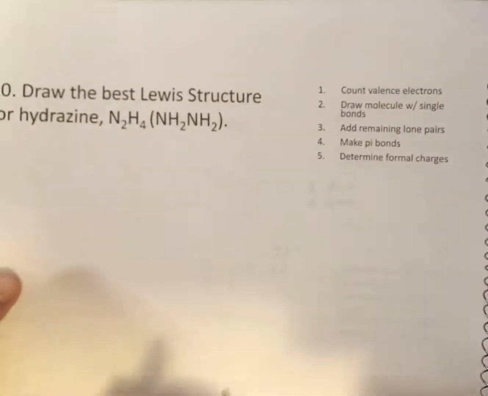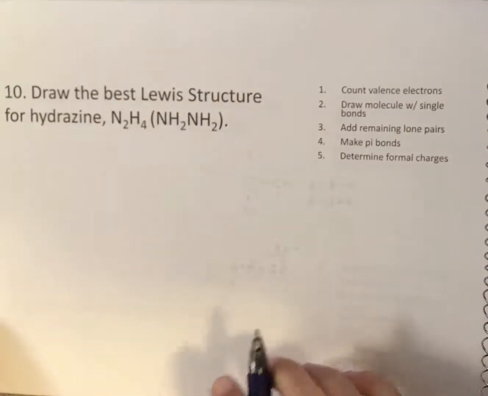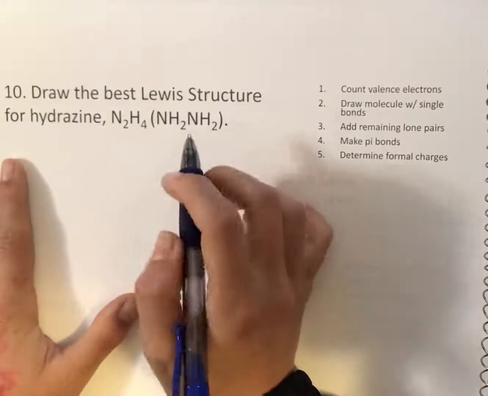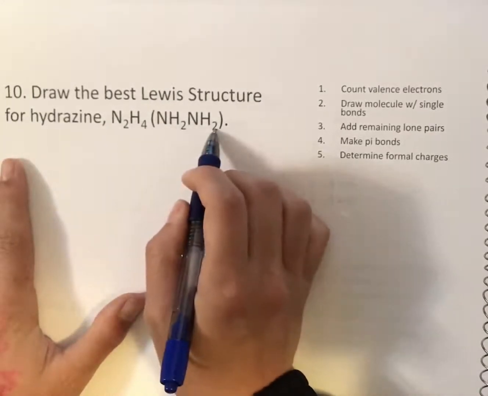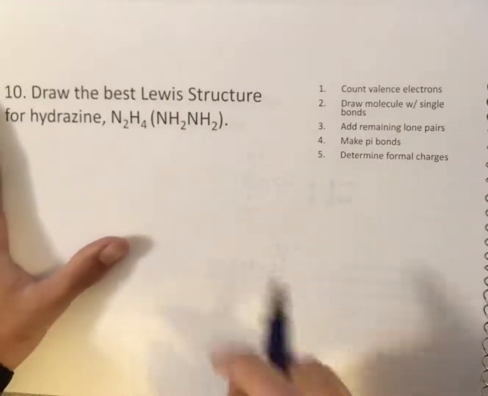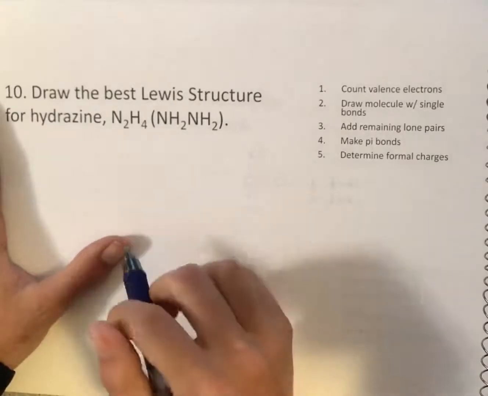Okay, one more: draw the best Lewis structure for hydrazine. For this one, they help you out because they draw NH2, NH2, splitting up the molecule to give you a hint of how to draw it.